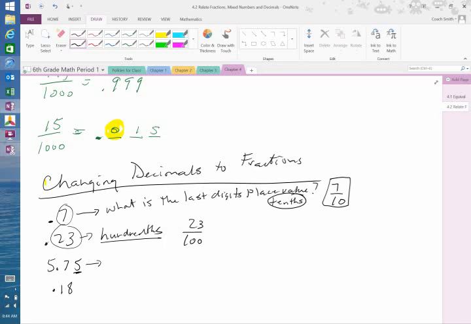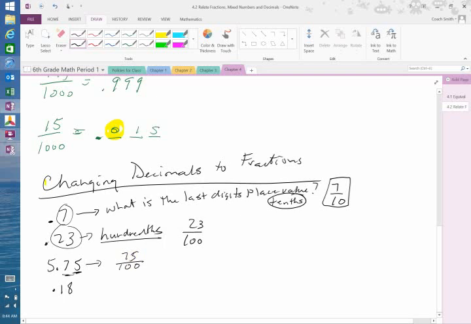It's hundredths because it has 2 place values. That means it has to have 2 zeros after the 1. That's how you can tell. So the 75 over 100 goes there.